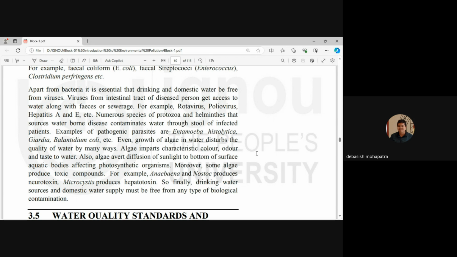Algae imparts characteristic color, odor, and taste to water. Also, algae adversely affect the diffusion of sunlight to the bottom of the water, at the bottom of the surface of aquatic bodies, affecting photosynthetic organisms.